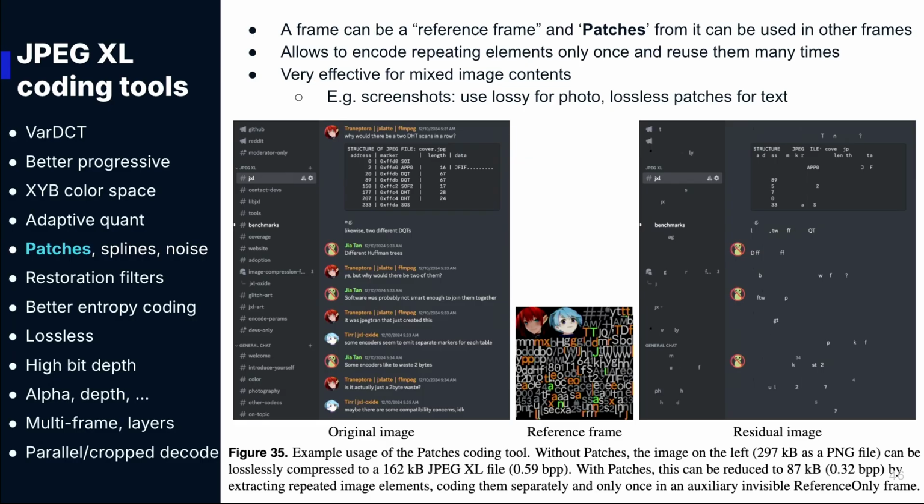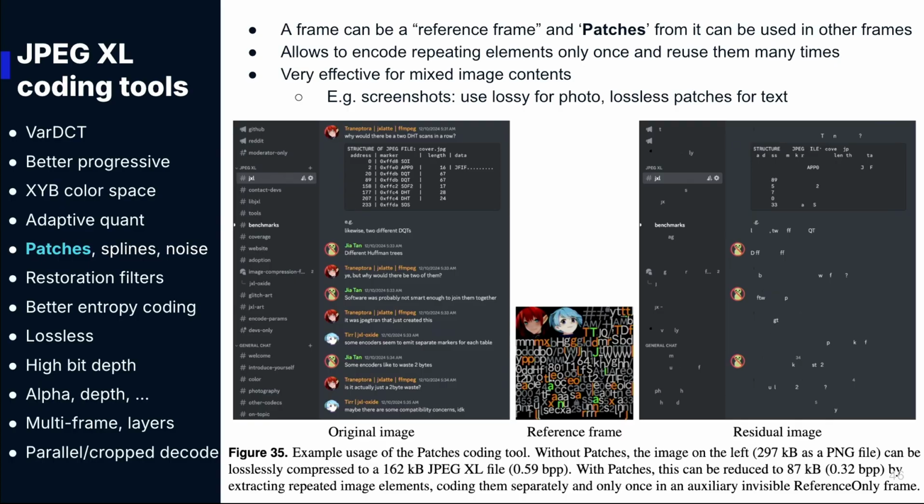So if you have a screenshot like this that has many repeating elements, you can extract them and encode a reference frame that contains each of these elements once, and then you can signal that you want to reuse parts of these in the actual image.